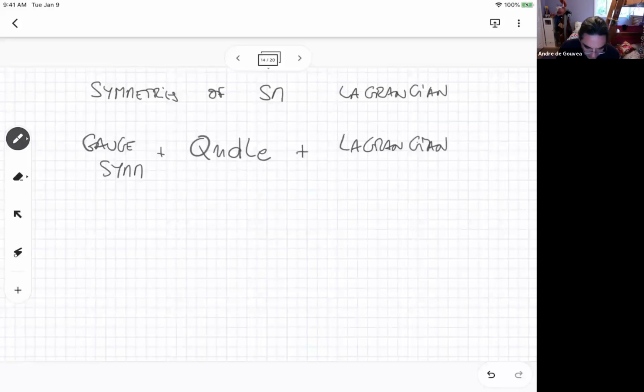And the idea is the following. If I tell you the gauge symmetry and I tell you the fields, you can write down the Lagrangian. I have to tell you when to stop. So I say that the Lagrangian is renormalizable.